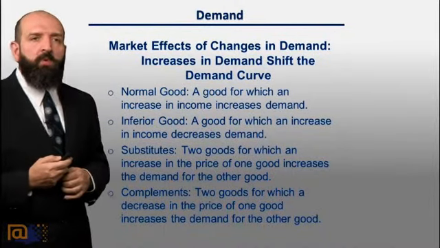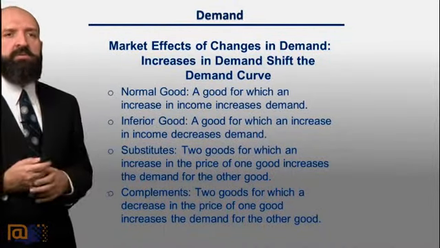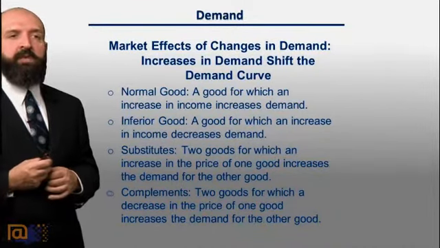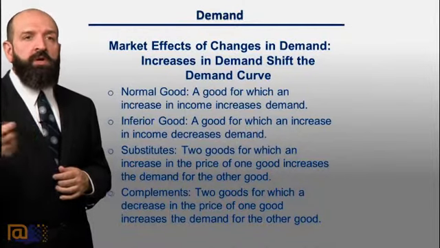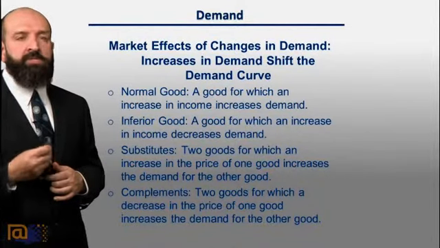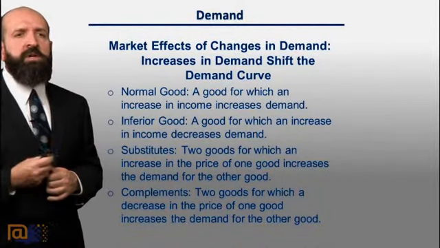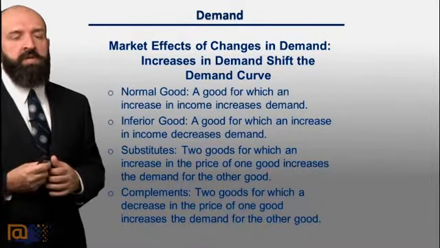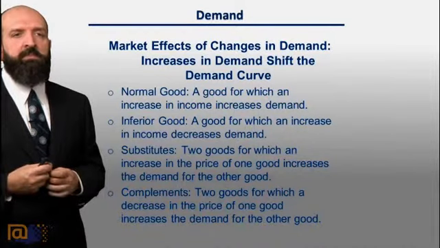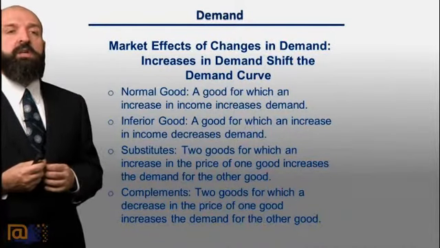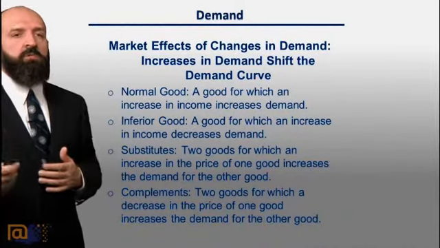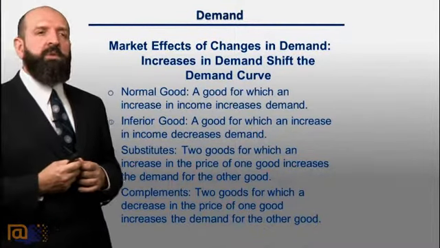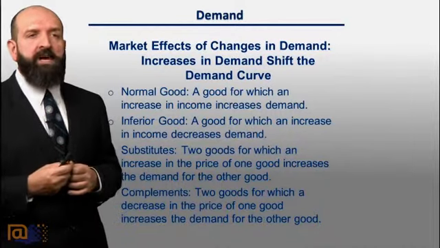So, what are the relationships between other variables and the prices of related goods to the changes in demand, shifts in the demand curve? If we're talking about the normal good, it's a good for which an increase in income increases demand, just by definition. There are also some inferior goods that with your income going up, you'll actually consume less of that good. One of the examples might be fast food.